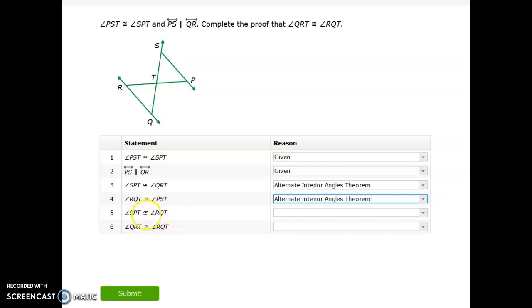Okay, so this one says SPT is congruent to RQT. I'm going to look at the figure for this one. Let's see.